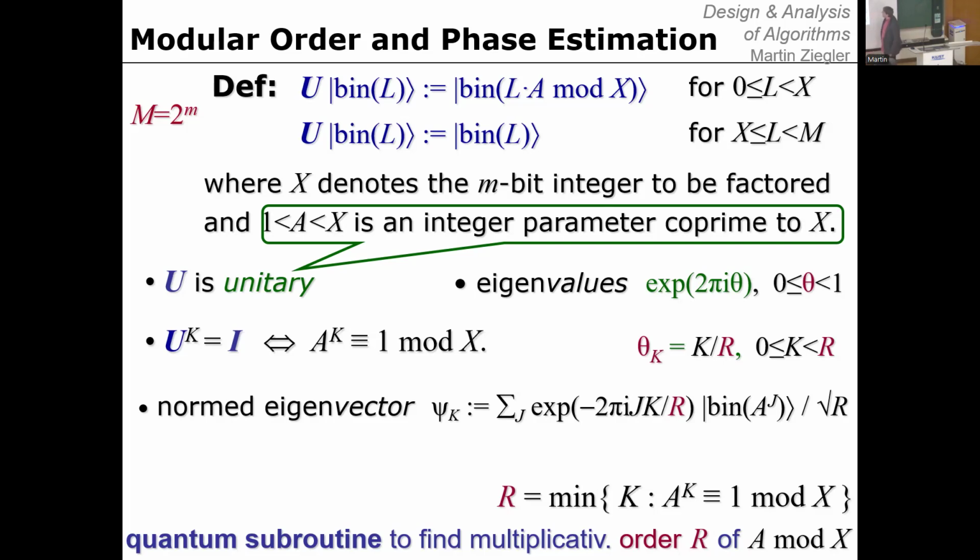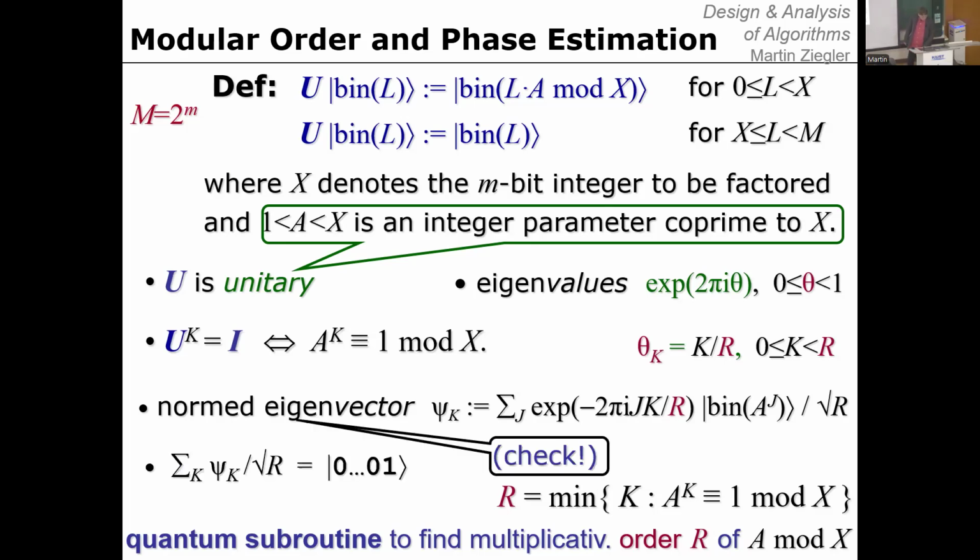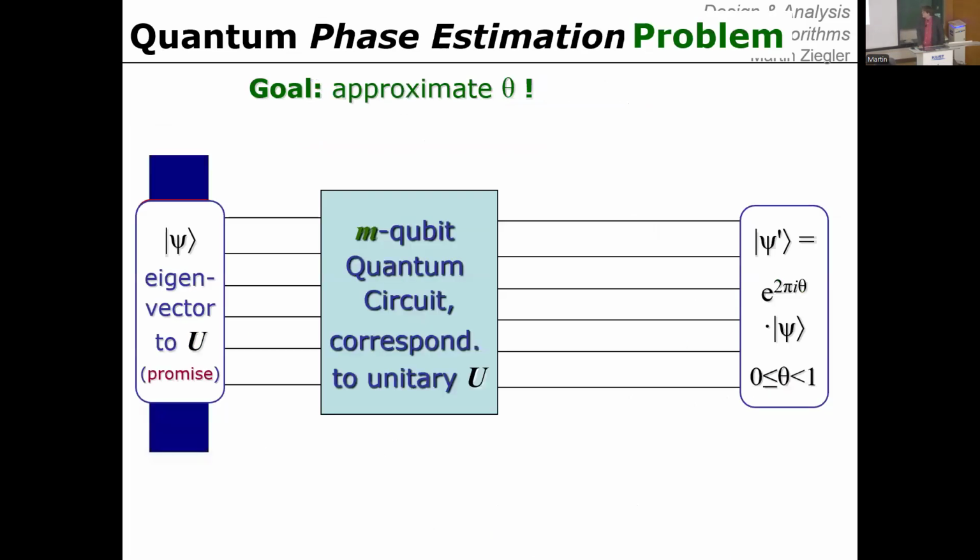Applying U results in a multiple of this vector, that's an eigenvector, multiple given by the eigenvalue. And also check that the sum of all these normed eigenvectors is this particular basis vector. Not 0, 0, 0, 0, as we usually start with the Hadamard gate, but 0, 0, 0, 1. And I also explained to you why that is important.